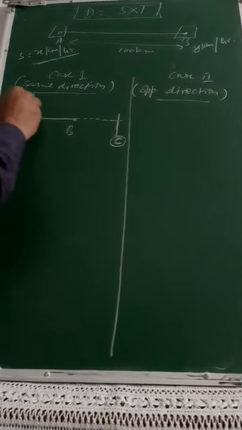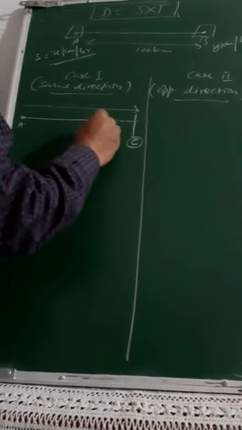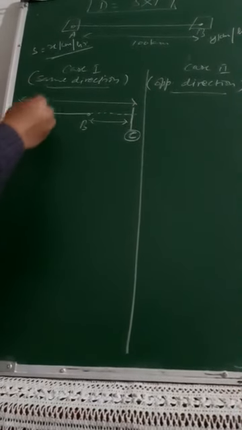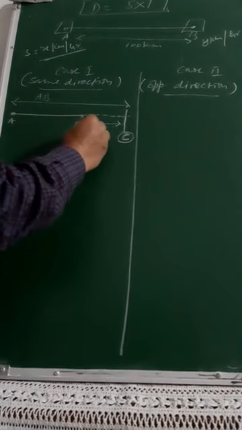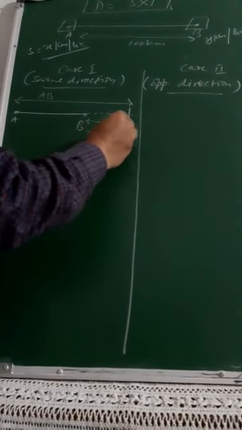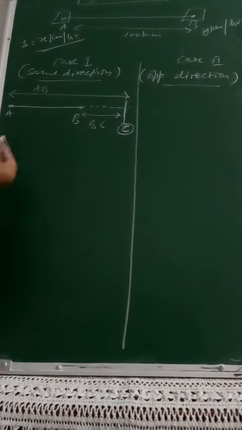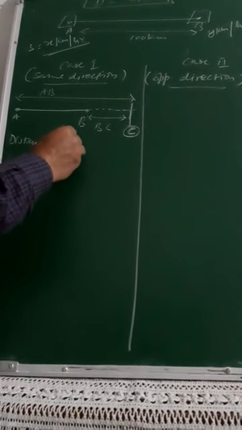So one car traveled the distance from A to C and another car traveled the distance from B to C. I hope you agree with me. AC is the distance traveled by this car and BC is the distance traveled by this car.